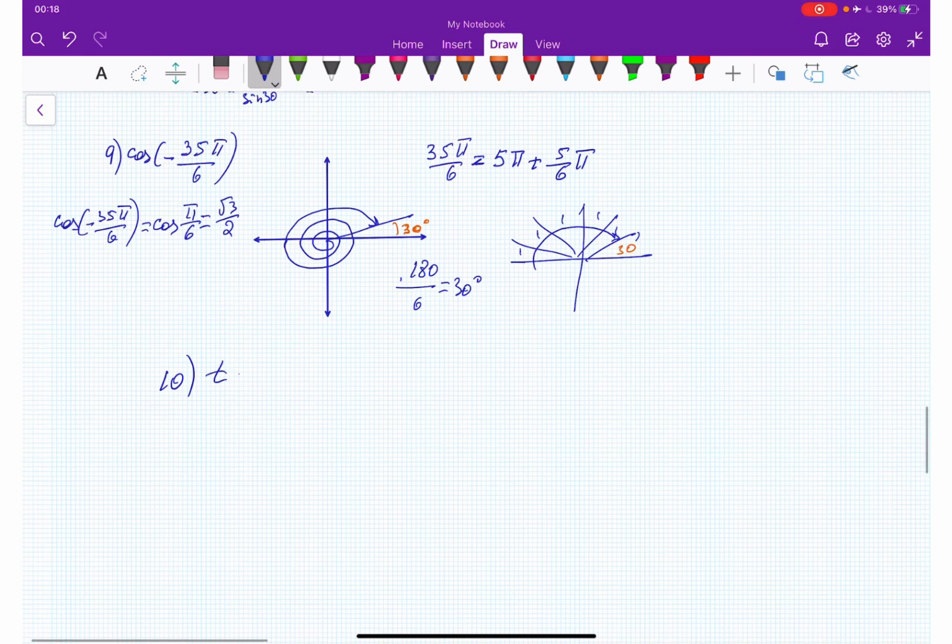Tangent. Now we're going to do tangent negative 17 pi. Okay, let's see how we're going to work this out. 17 pi, quite a number.